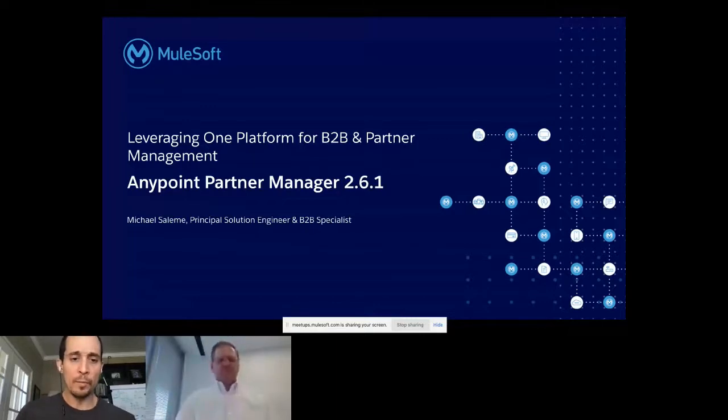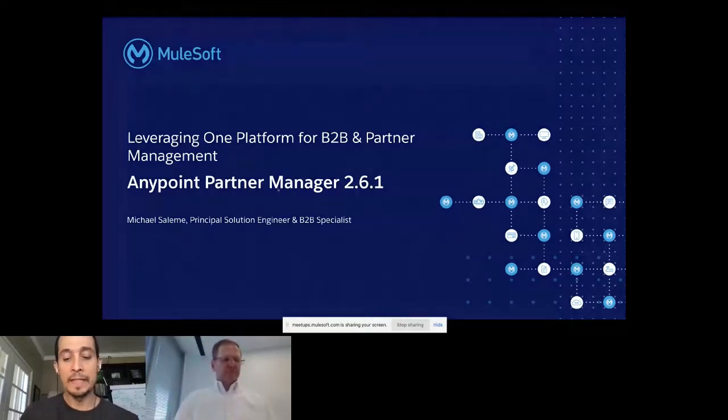So let's go ahead and jump right in. I'm going to spend about 15 minutes and we're going to go through some product capabilities. These are capabilities that exist today. However, I just want to be sure that you're aware that you should make any purchasing decisions for yourself or your client based upon readily available features and product like Partner Manager 2.6.1. So we're going to spend about 15 minutes going through just a few slides, and then another 15 minutes where we'll look at a demonstration of Partner Manager.